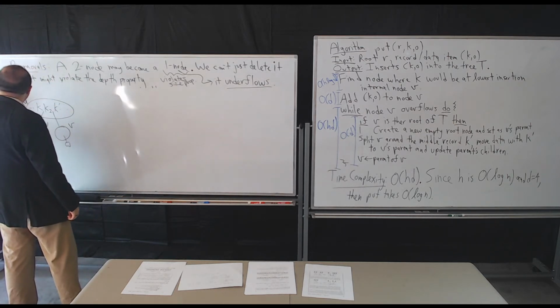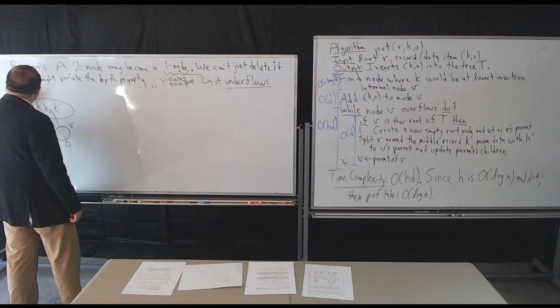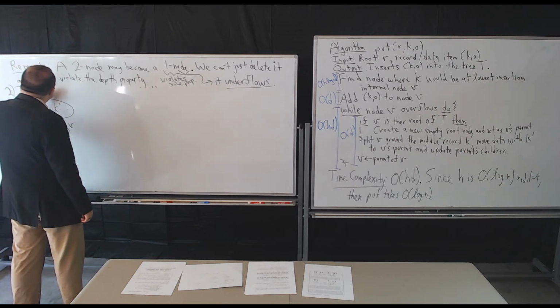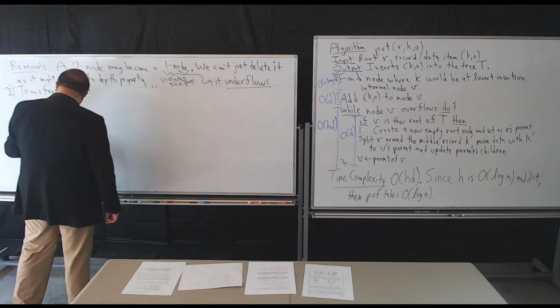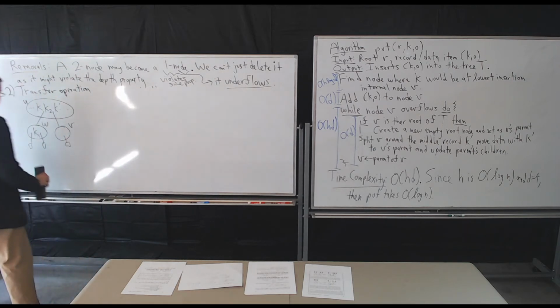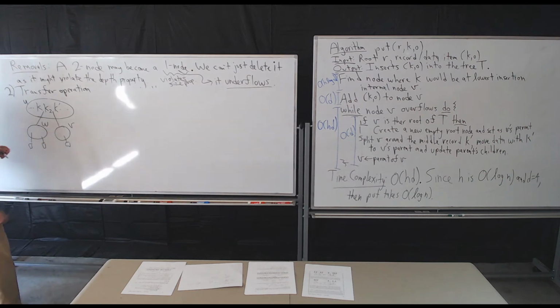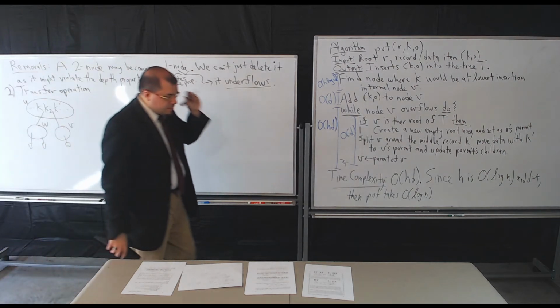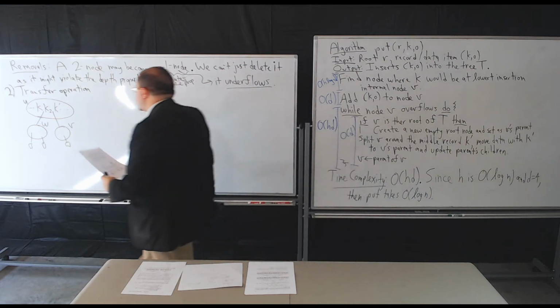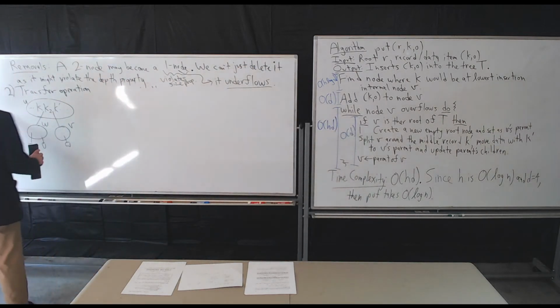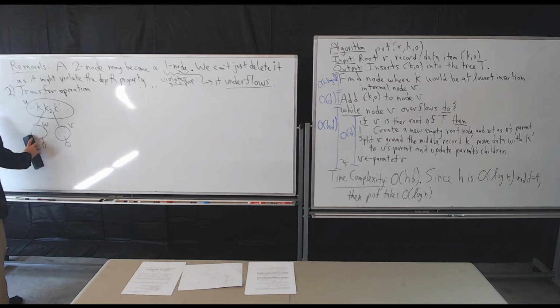So the second possibility is a so-called transfer operation. So I'm going to slightly tweak this picture. Just to make this simpler, I'm just going to use the smallest possible node I can possibly have in this situation.